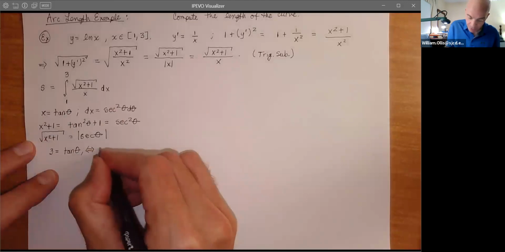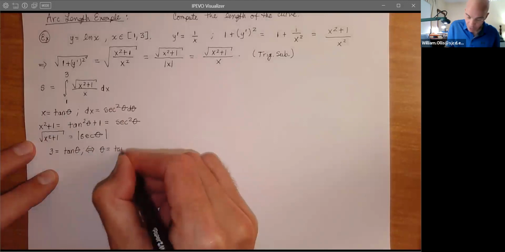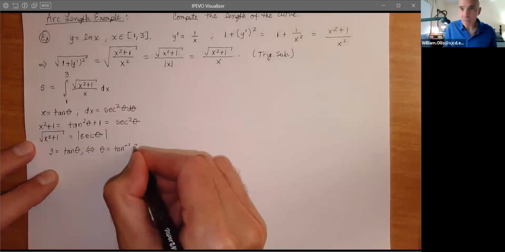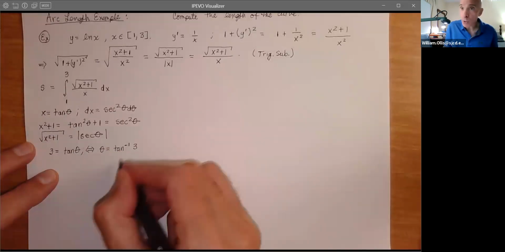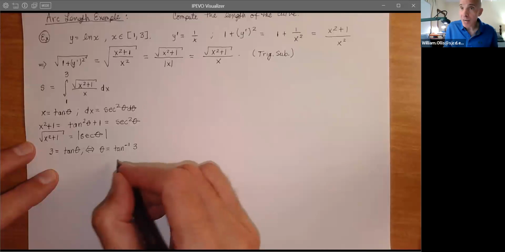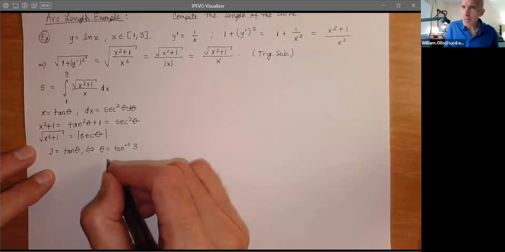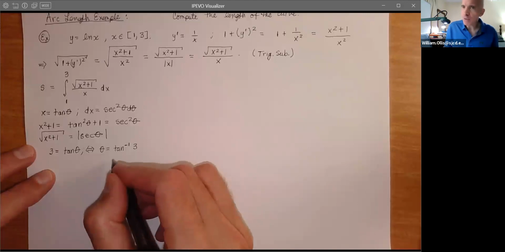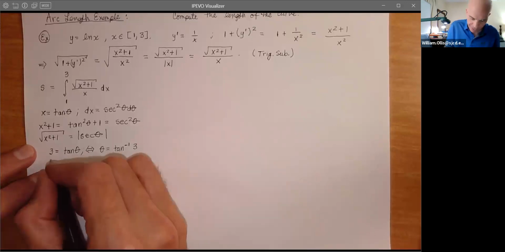In this case, theta is just the inverse tangent of 3 radians, and that just is what it is. And we'll make our triangle so that when we actually try to evaluate the integral, we can use the triangle. I used to do problems like this with the face-to-face, and then they kind of fell out of favor, and then now they're back. So it just really depends on what the class needs.